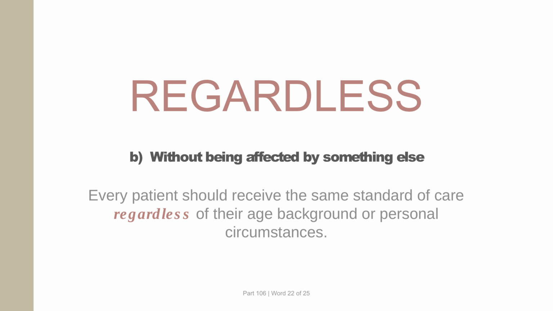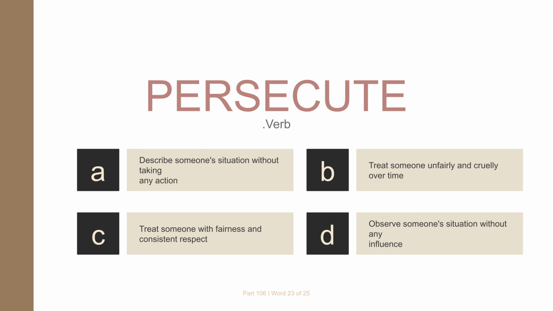Question 23. What is the meaning of persecute? Option A, describe someone's situation without taking any action. Option B, treat someone unfairly and cruelly over time. Option C, treat someone with fairness and consistent respect. Option D, observe someone's situation without any influence.